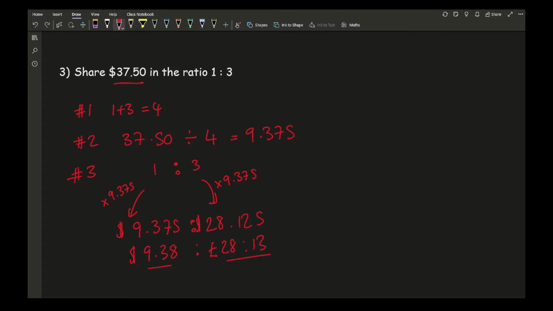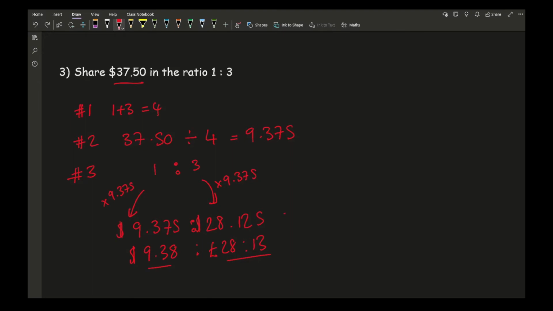Now the problem about doing this is that when I add these two amounts up, it's not going to add up to $37.50. So here I've got a bit of a dilemma. This is what we'd class as a bit of a dubious question. Generally speaking, it is more important that the two amounts we've got add up to the shared amount.